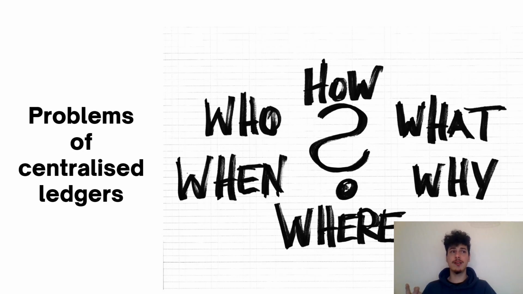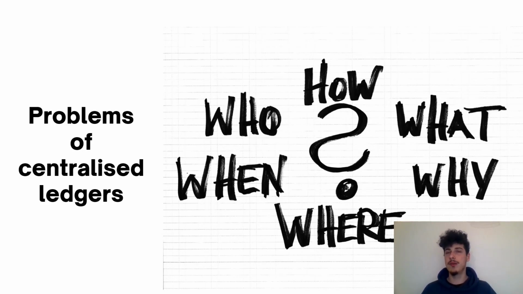When it comes to centralized ledgers, one of the biggest issues is the central point of failure. What this means is that the entire power is held in the hands of one entity. It can be a bank when it comes to financial records of a particular card, or it can be a government.